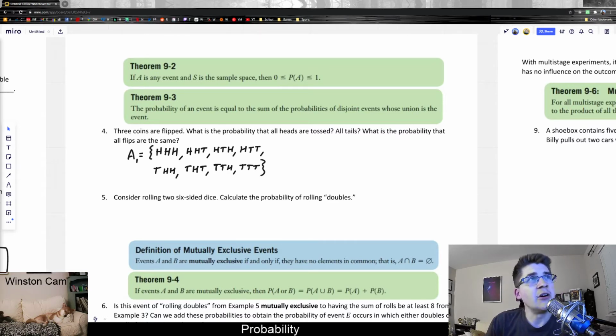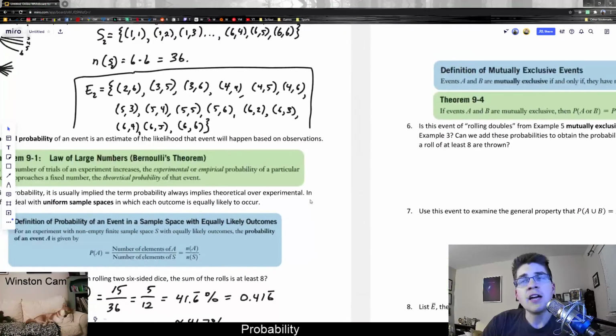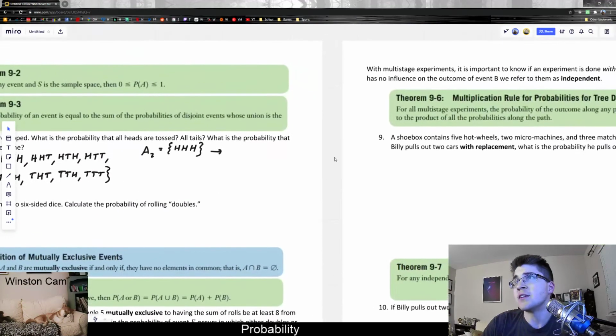So the question asks, what's the probability that all heads are tossed? I'll call that A2. That's a pretty easy event. That's only one way of that happening, if literally all 3 are heads. The probability of that occurring, based on our previous video, should be the number of elements in our event divided by the number of events in our sample space.